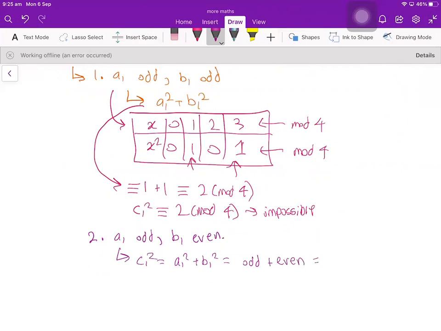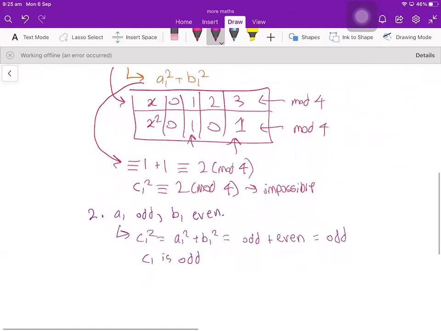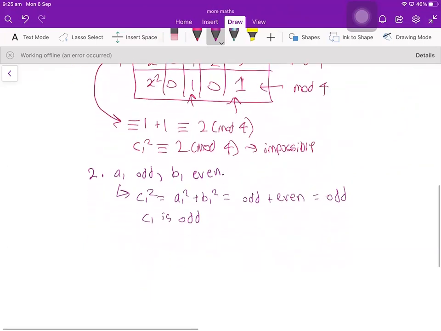So odd plus even gives us odd. And since c1 squared is odd, it means c1 is odd. Now I can rewrite the equation as a1 squared equals c1 squared minus b1 squared. And this factorizes as a difference of two squares.